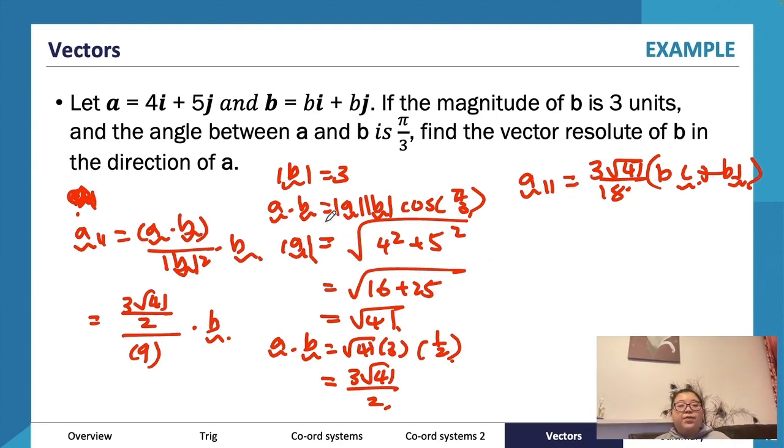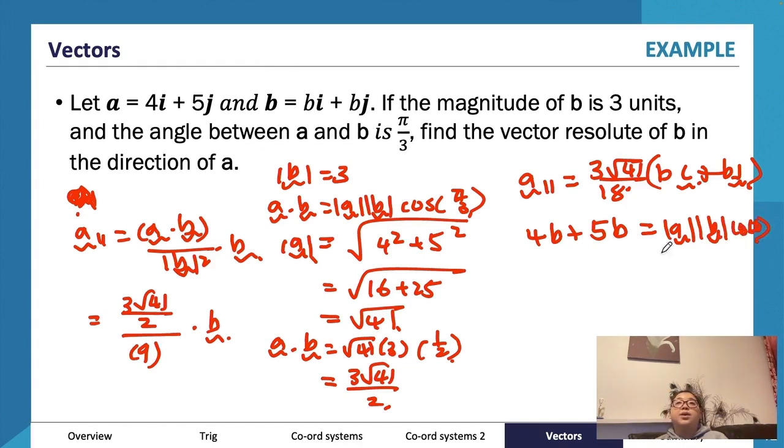So we've gotten some information about exactly what's going on in terms of a and b, and they've told us the angle between a and b. So we can do this as well: 4b plus 5b will equal the magnitude of a times the magnitude of b times cos theta.